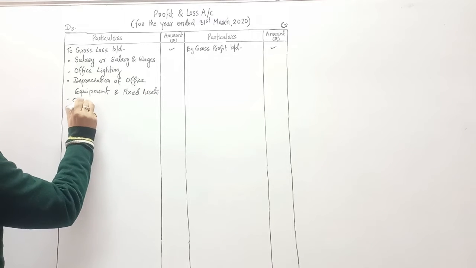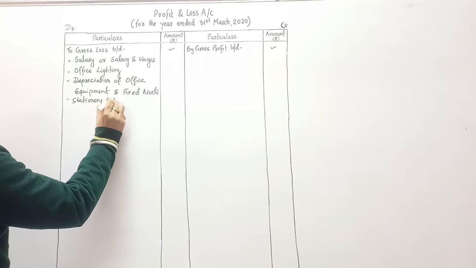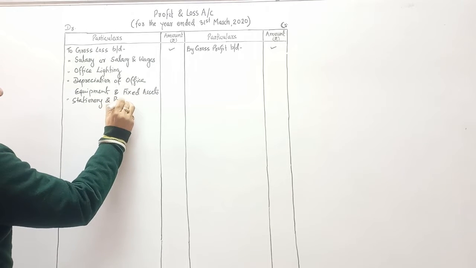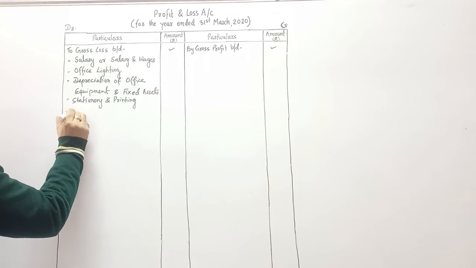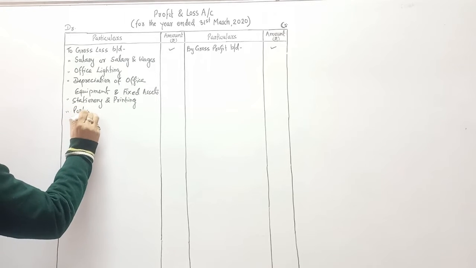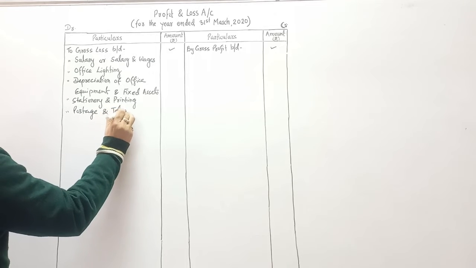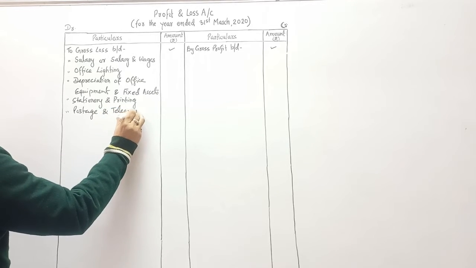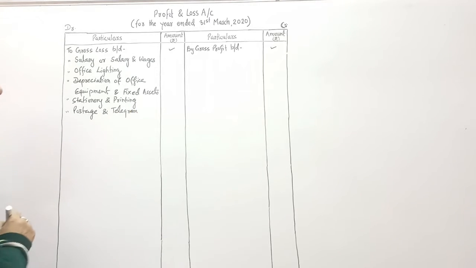Stationery and printing is an indirect expense. Postage and telegram is an indirect expense.